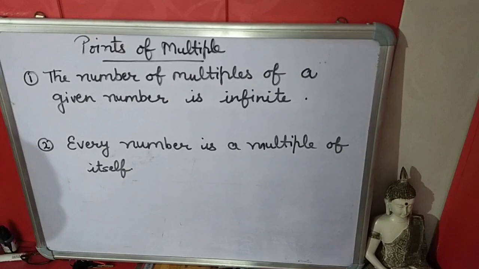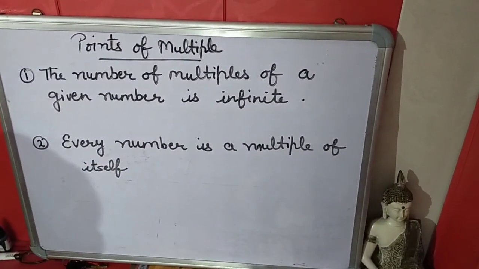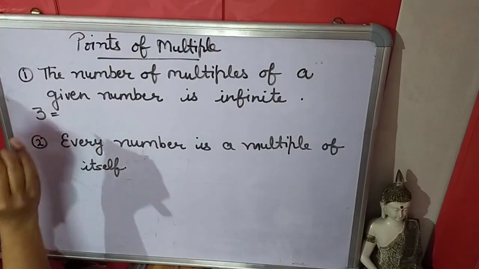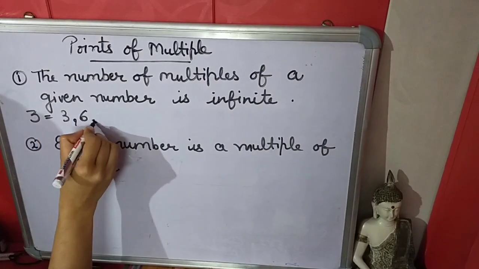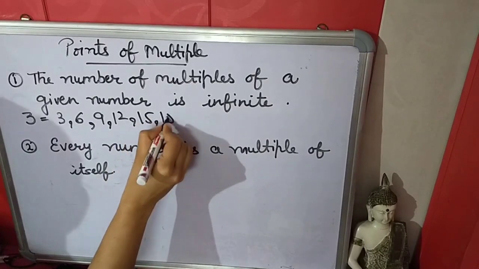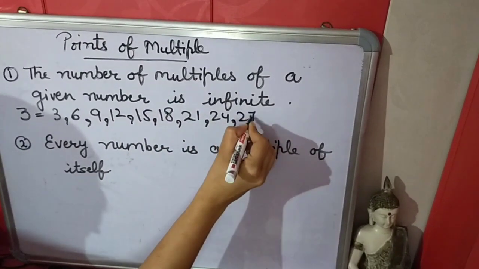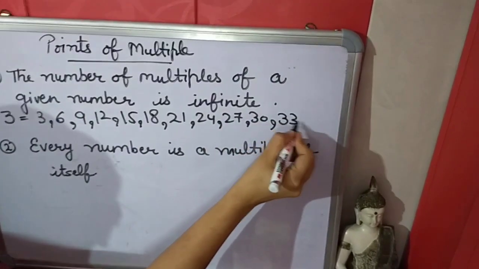Points of multiples. The number of multiples of a given number is infinite. If you have to write the multiples of 3, you have to write the table of 3. 3 ones are 3, 3 twos are 6, 9, 12, 15, 3 sixes are 18, 3 sevens are 21, 3 eights are 24, 27, 30, 3 elevens are 33.